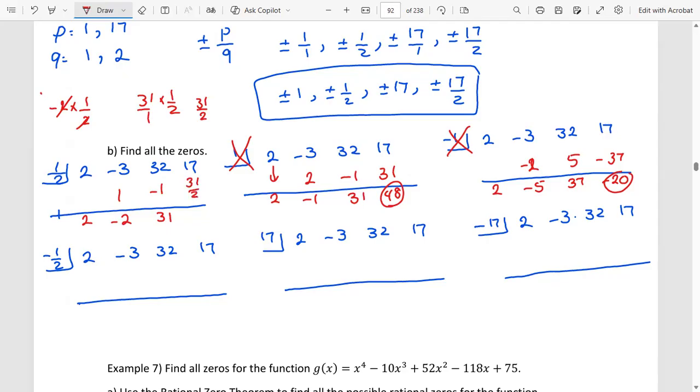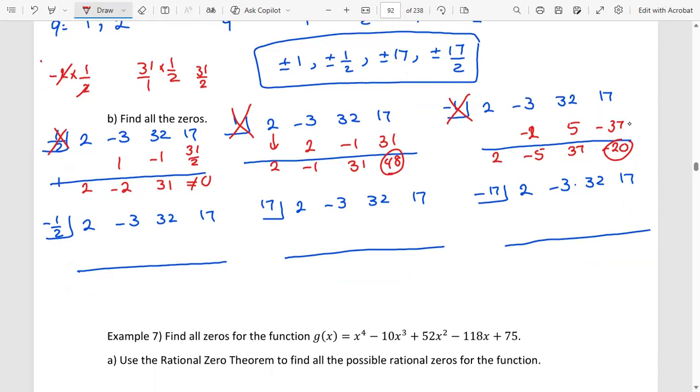Okay, I don't know what 17 plus 31 over 2 is right now, because I need to find the common denominator. But something that's obvious is it's not a 0. So I don't need to know the exact number. As long as it's not a 0, I know that 1 half is not a 0 of this polynomial.